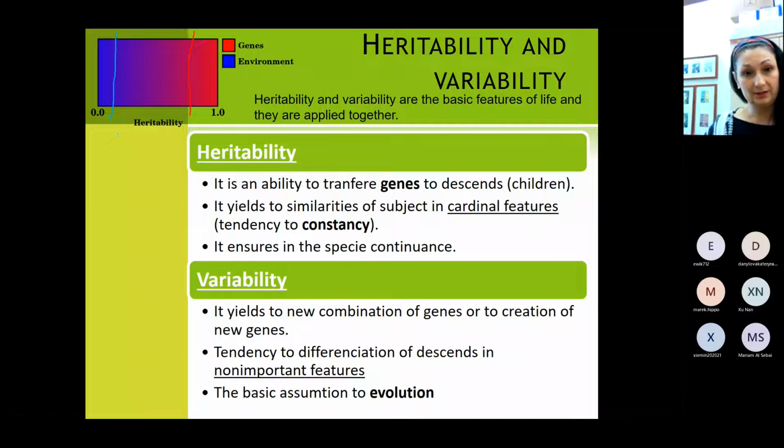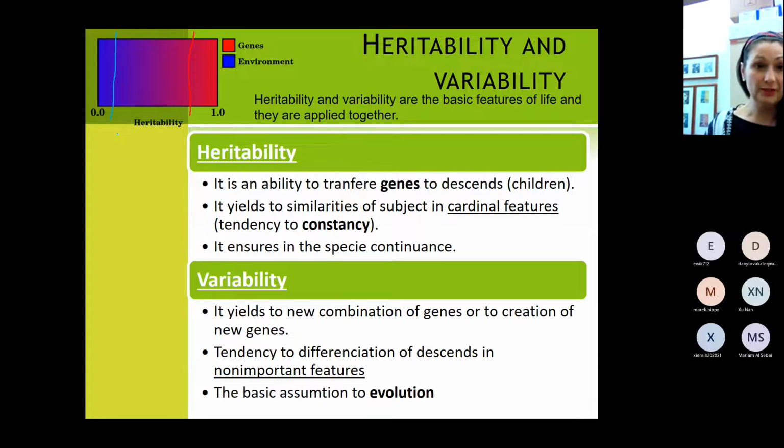Variability stands in contrast to heritability. And this is the basic assumption for evolution. Without variability, there is no evolution. Every generation, the humans or animals or plants in one species would be the same, but they are not the same.